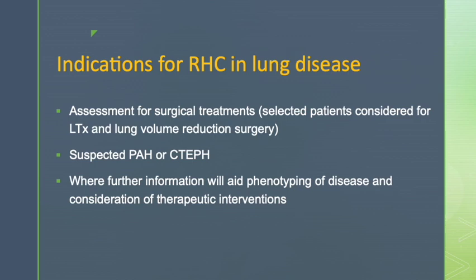For patients where you suspect pulmonary artery hypertension or chronic thromboembolic pulmonary hypertension, again right heart cath is indicated. And in those patients where therapeutic interventions will be determined based on the further assessment, you should go ahead and do the investigation.